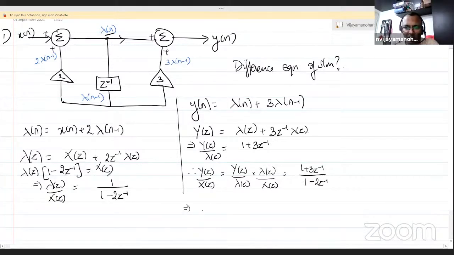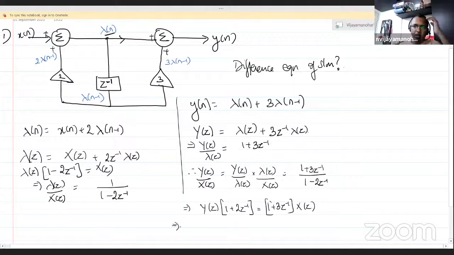So y of z into 1 minus 2z inverse is equal to 1 plus 3z inverse into x of z.